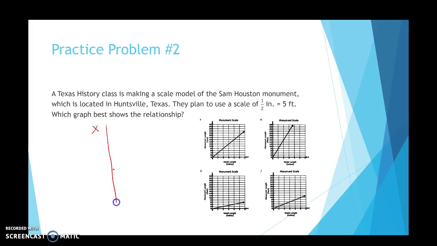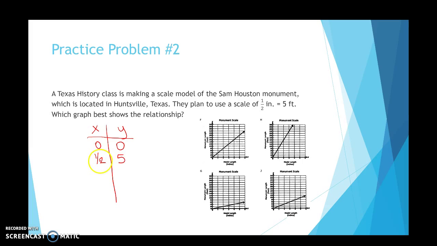That way we can know what points we're looking for. We know that if it's proportional, it's going to go through the origin. It says 1/2 inch equals 5 feet, so the inches are going to be our x value.